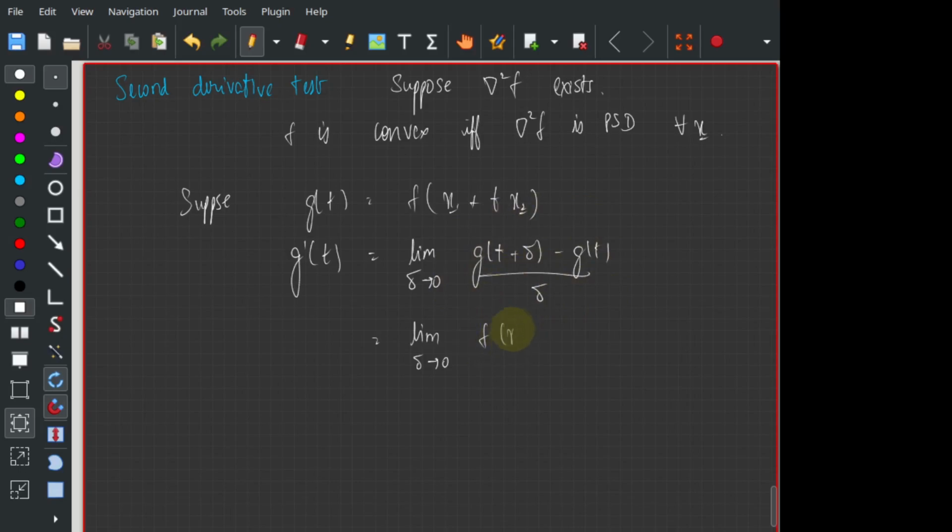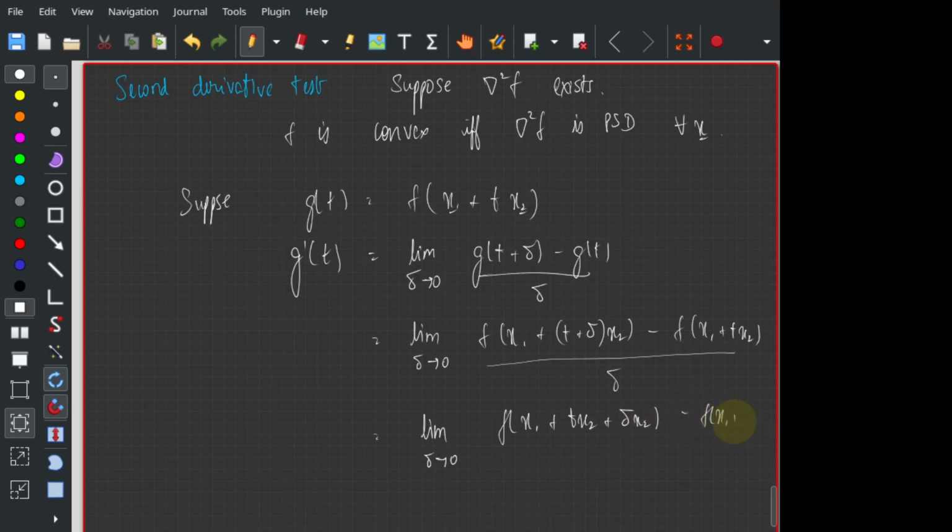Right. So this is f of x1 plus t plus delta times x2 minus f of x1 plus t x2, divided by delta.